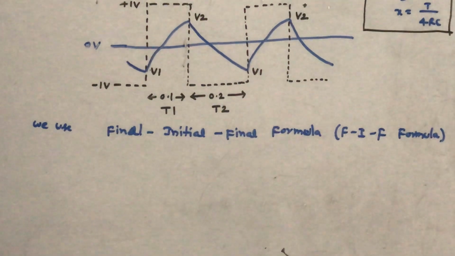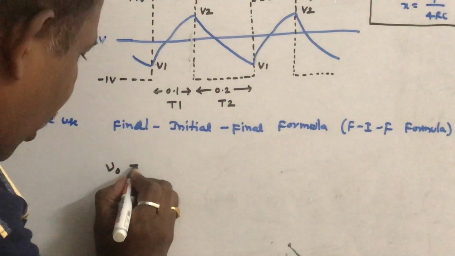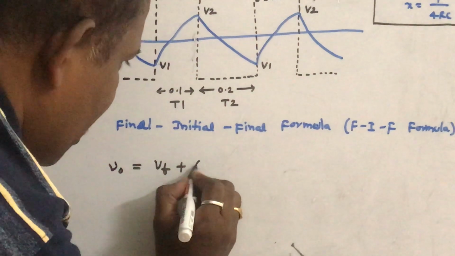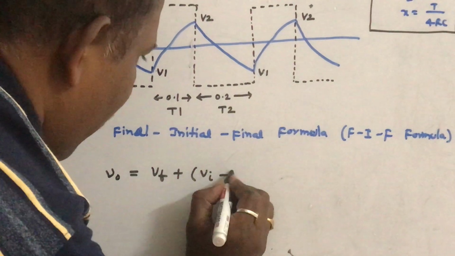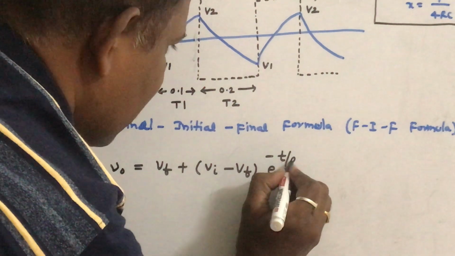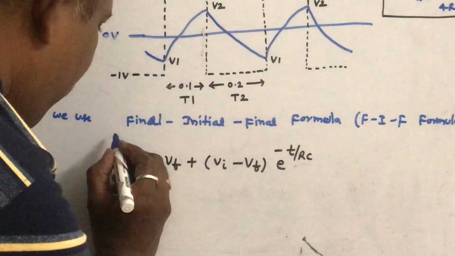The output equation is written as V0 equals Vf plus (V initial minus Vf) into e power minus t by RC. We use this formula to solve this problem. It is a very, very important formula.